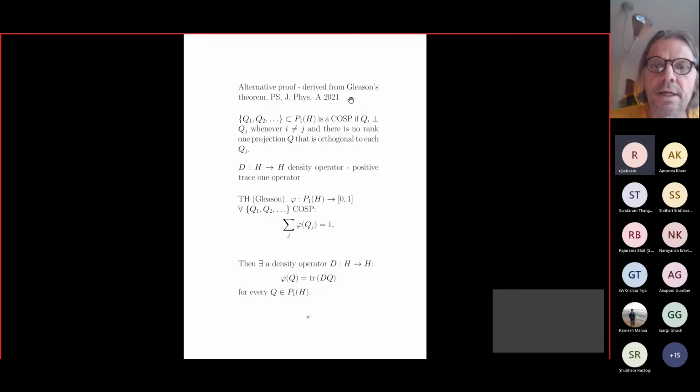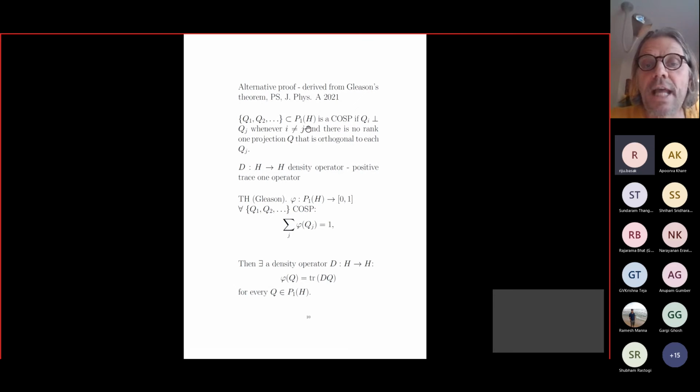So what is Gleason's theorem? It's another theorem about certain things on pure states, on projections of rank 1. If I have projections of rank 1, I have a finite set or an infinite set in the infinite dimensional case.